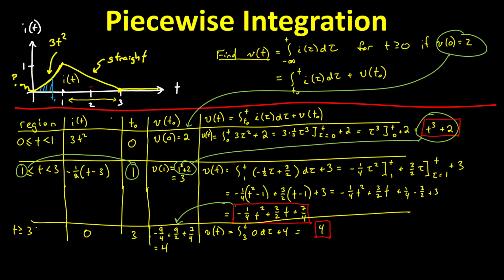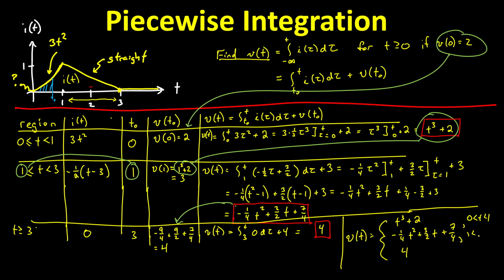And the best way to write the answer is by summarizing it all and saying v of t is equal to t cubed plus 2, or minus 1/4 t squared plus 3/2 t plus 7/4, or 4, for 0 less than t less than 1, for 1 less than t less than 3, or for t greater than 3, and you want to have equality signs in there.